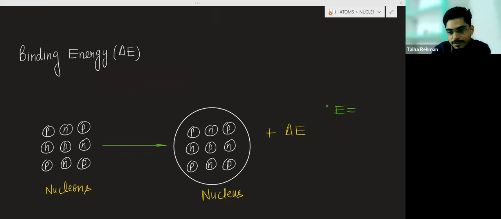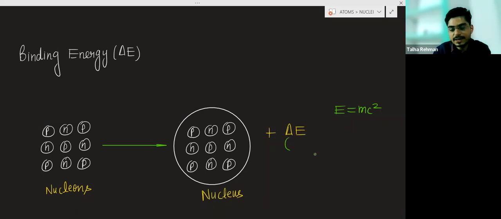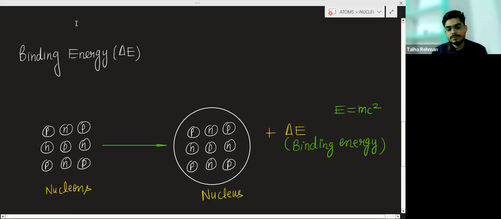According to E equals mc square, if some mass is disappearing, then energy will be released. So this energy is released and this energy is known as the binding energy. But in books, the definition of binding energy is given in a different way.